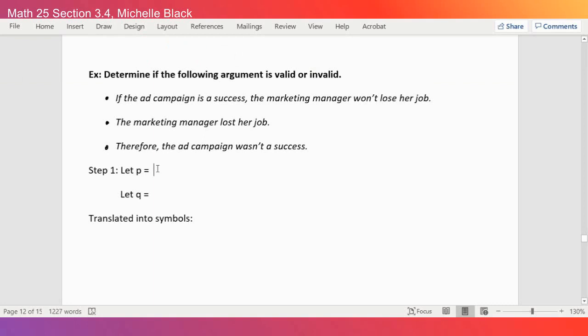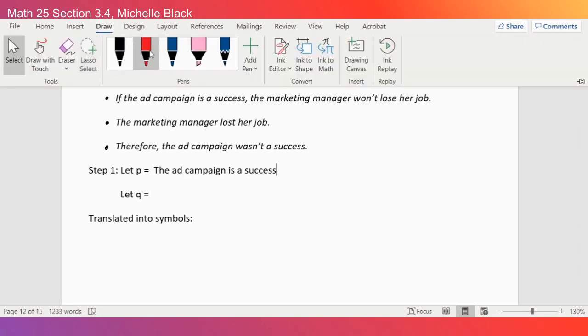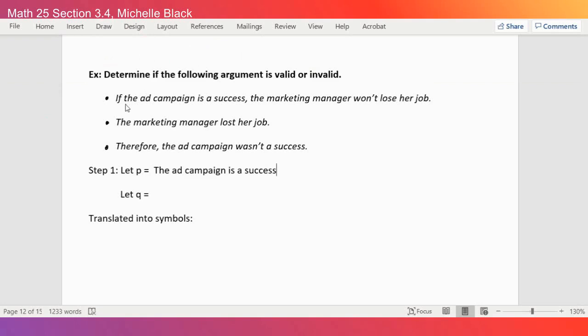I'm going to let P be the ad campaign is a success. Notice I see P right here. I also see P right here, but it's the opposite, which makes me think I'm going to be talking about not P.